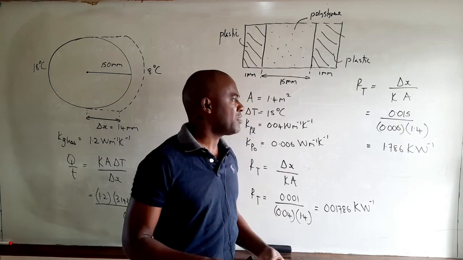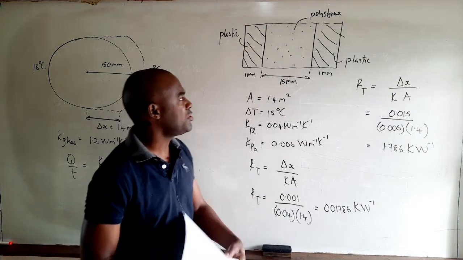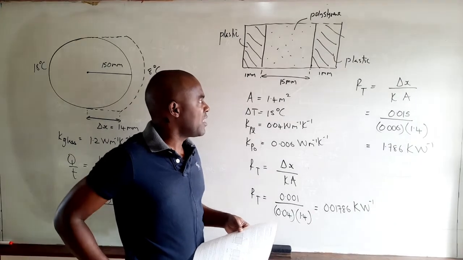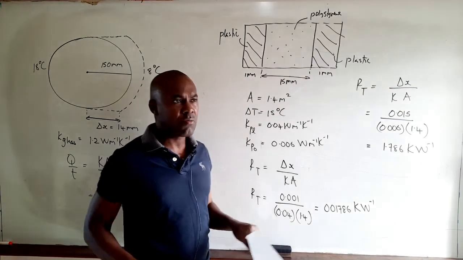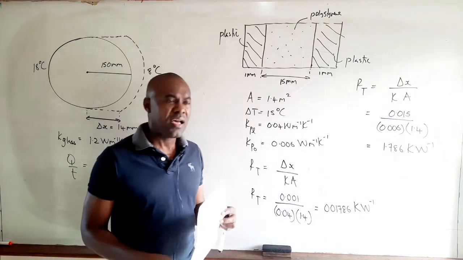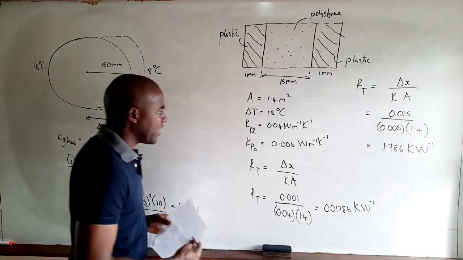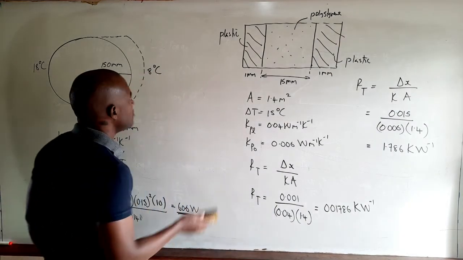So we'll find the effective thermal resistance, and we treat these as resistors connected in series, and therefore their resistances will add. So what we'll do now is find the total thermal resistance for this composite material.